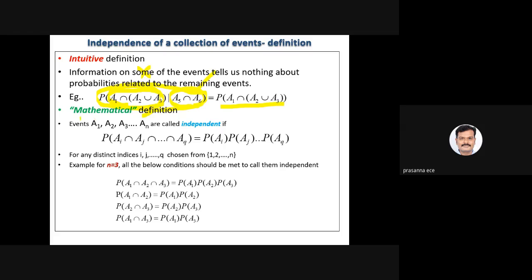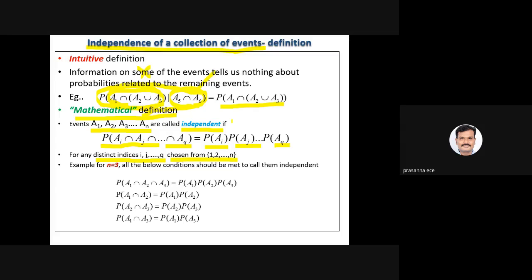Now we come to a mathematical definition of independence of a collection of events. Given a sample space with a multitude of events like A1, A2, A3 up to An, we call them independent only if P of Ai intersection Aj intersection up to Aq is equal to the product of P of Ai, P of Aj, up to P of Aq, for any distinct indices i, j, q chosen from the set 1, 2, up to n.